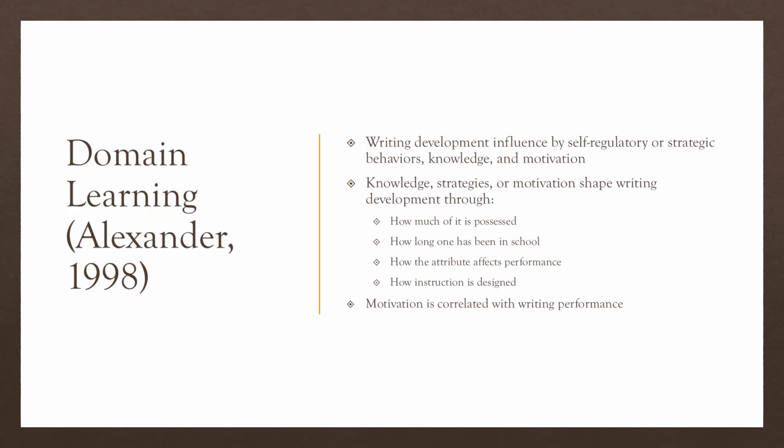And then the last one is the domain learning, which is attributed to Alexander. And I actually see these two as really connected because Alexander's domain learning is influenced by self-regulatory strategies or behaviors, but also knowledge and motivation. So I think this part was the most confusing of the 5 theories.